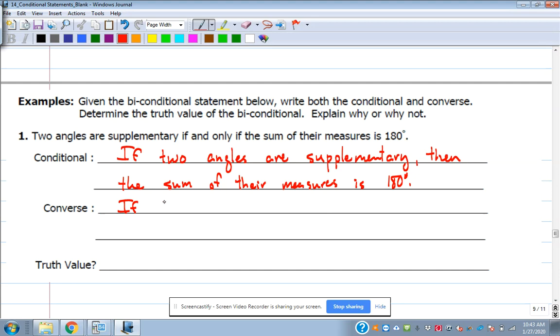So if the sum of the two angles, or of two angles, you have to put the in there, is 180 degrees, then they are supplementary.